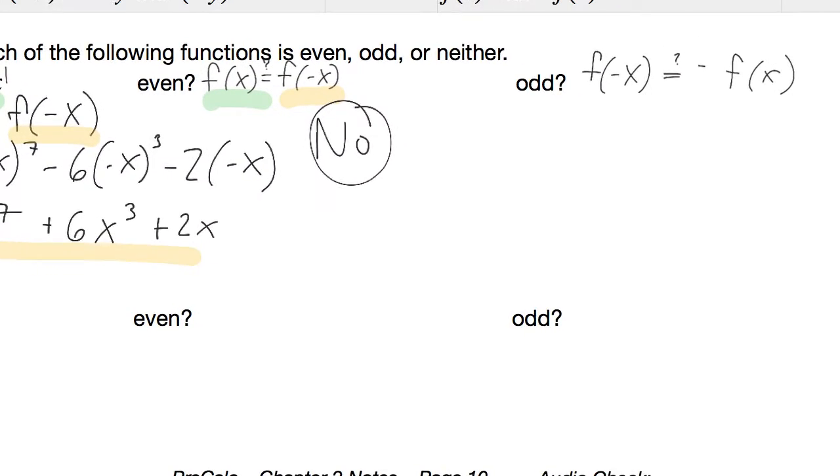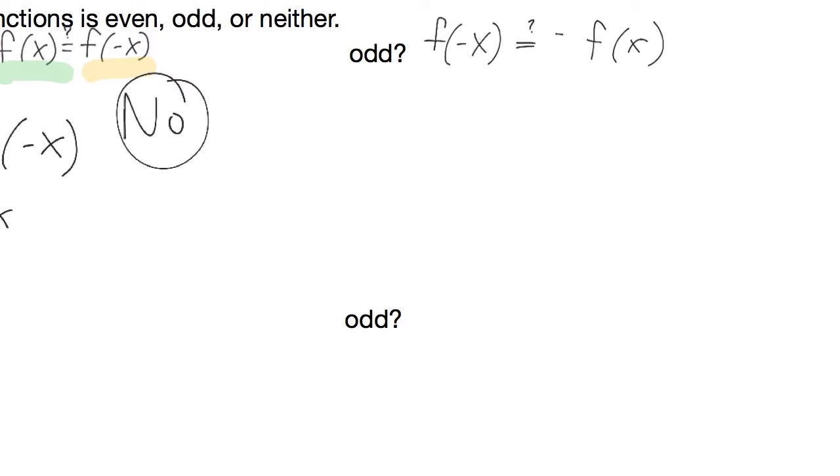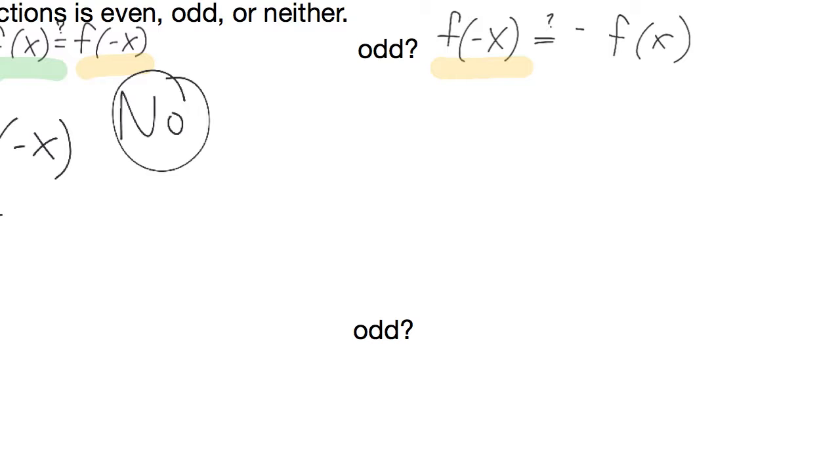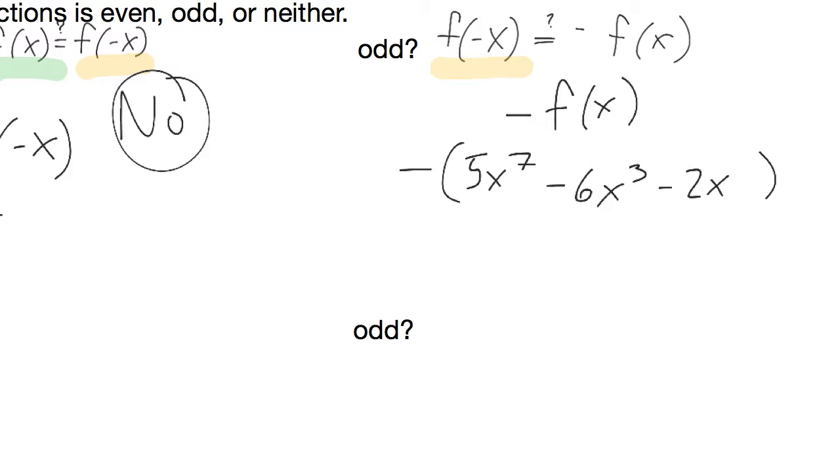Moving on. Is f of negative x equal to negative f of x? Well, we already figured out what f of negative x is, so let's just compare that to negative f of x. Let's figure out what negative f of x is. That would be negative of 5x to the 7th minus 6x to the 3rd minus 2x. Distributing the negative, you get negative 5x to the 7th plus 6x to the 3rd plus 2x. So you can see the signs here change.